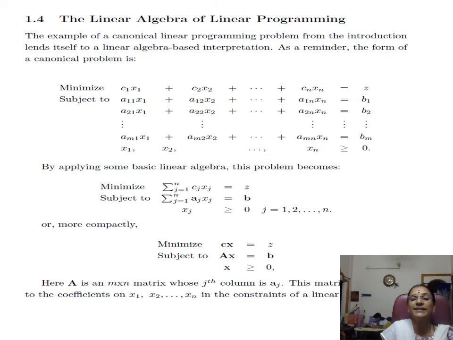Suppose it is less than or equal to, we use plus S1. It is a slack variable. Adding is slack, subtracting is surplus. It equals B1 again. It is the AX equals B form. Already we said whenever the linear programming variables are non-negative, capital X is greater than or equal to 0.